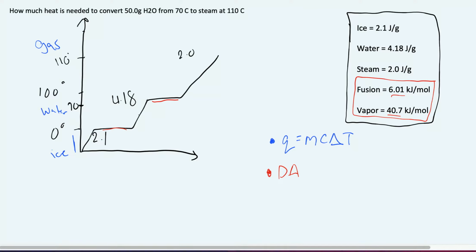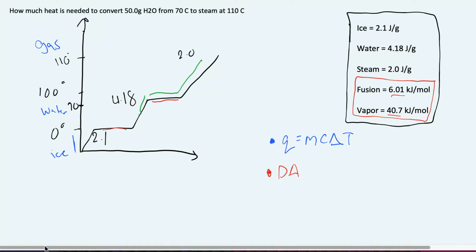You start at 70, which means you're going to have to travel up a diagonal, use a flat line, and then go up one more time to get to 110 degrees Celsius. So we're going to put these 3 steps into equations.